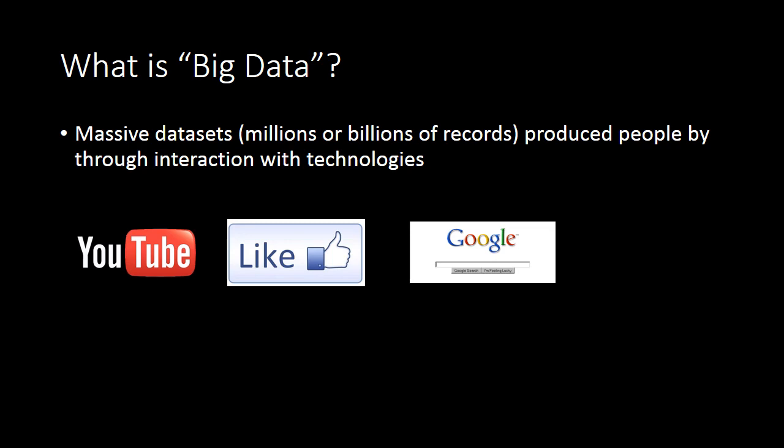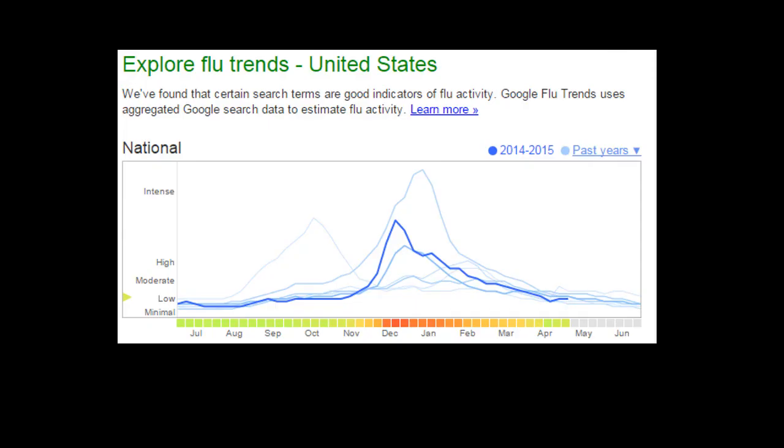So I want to give you a quick example of a big data analysis. Google Flu Trends. Google works on something called Google Flu Trends, and they use search terms that people enter into the Google search engine to identify the prevalence of the flu.